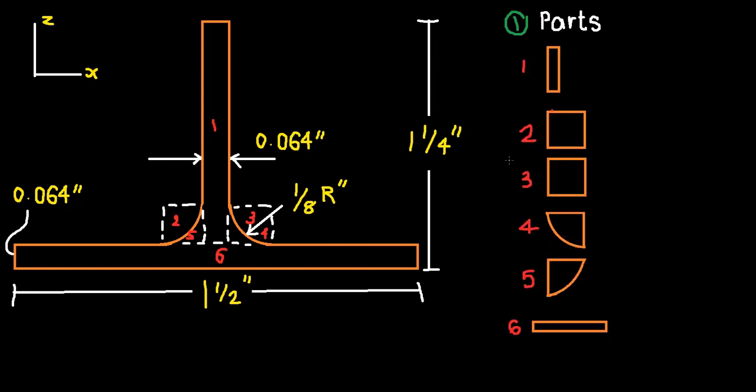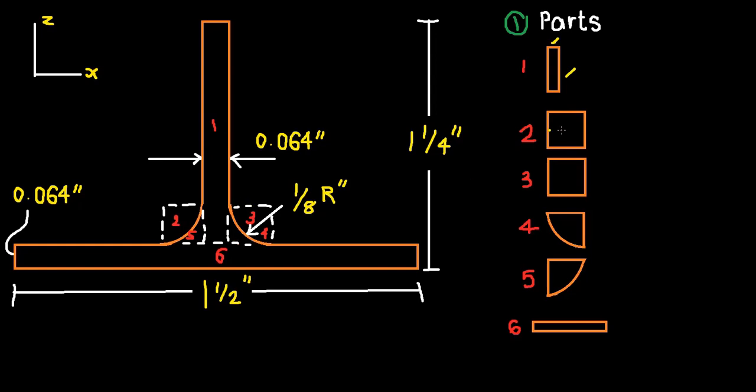So coming back here, let's now identify each one of our parts. Alright, so here are each individual shape. If you can see, we have encountered 6 of them. And then now let's identify whether we have all its lengths. So over here, we already know that this is 0.064, as given here. Now how about the length? We are given the height of the total figure, which is 1 1/4. We simply subtract 0.064 to get our length.